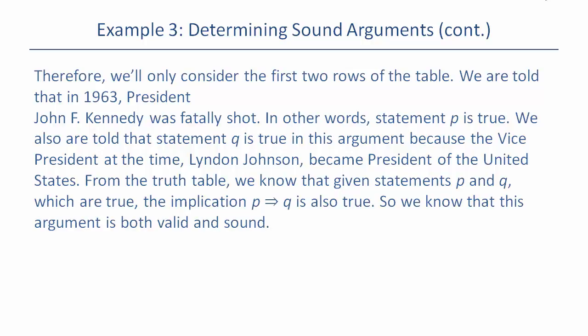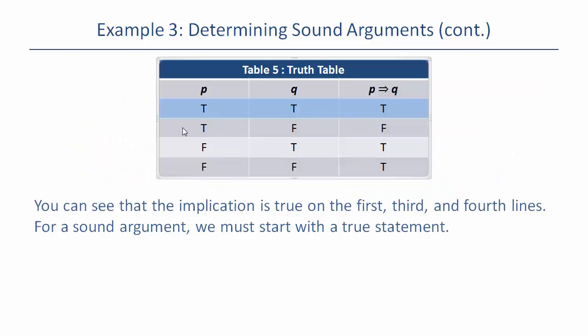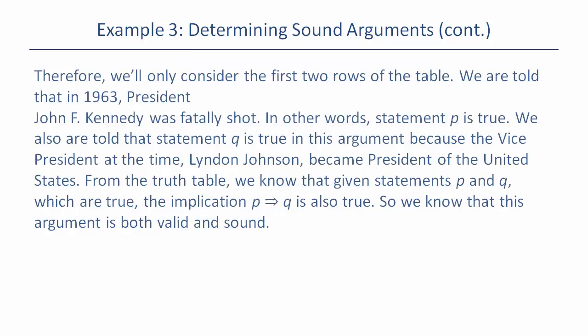Now, in order for a statement to be sound, we have to start with a true premise. Because of that, we can only use the first two rows because those are the only ones where P is true. So, in other words, statement P must be true. And we are told that statement Q is true in this argument because the Vice President became President.